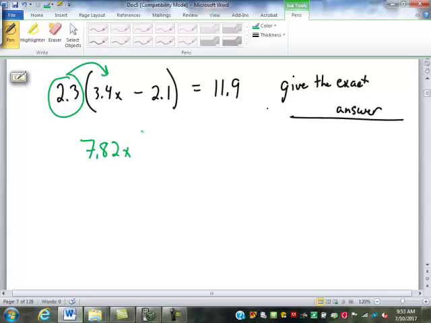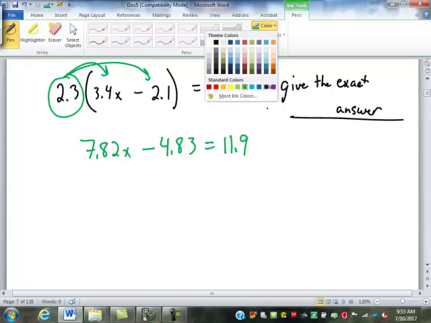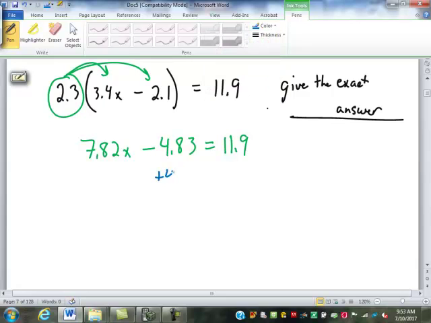Good. 2.3 times negative 2.1 is negative 4.83 equals 11.9. Then what? Add the 4.83. So 7.82x equals 16.73. Good.